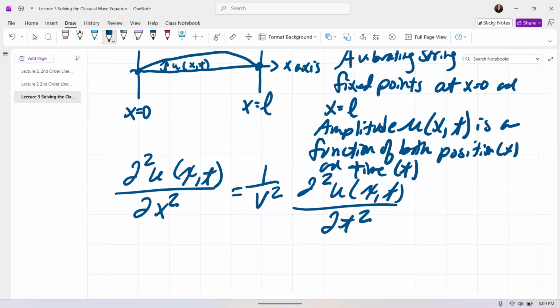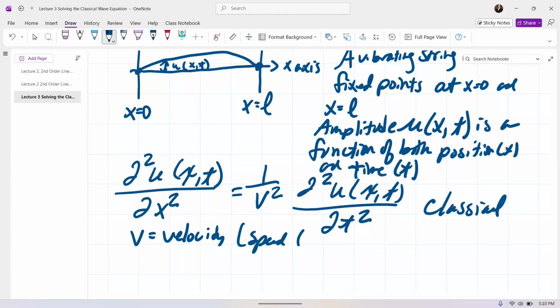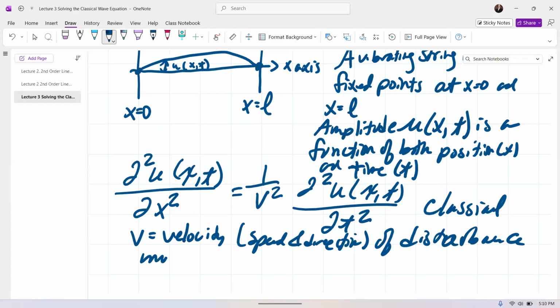Do you see how this looks very close to the equation we just solved? v equals velocity, which is speed and direction, right? It's a vector. Disturbance moving along the string.